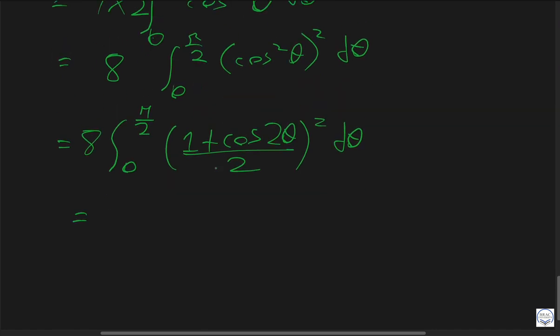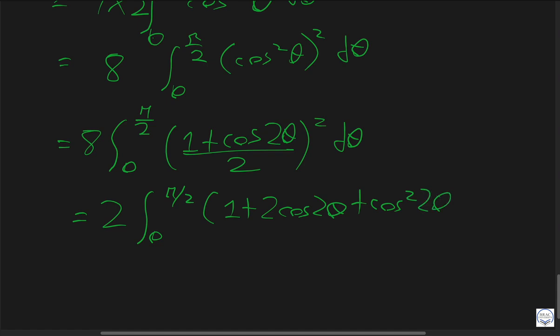This is just cos squared and then squared again. Now 2 squared is 4, 8 by 4 is 2, and let's do the square: 1 plus 2 cos 2 theta plus cos squared 2 theta, d theta.